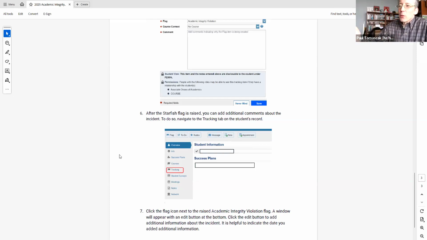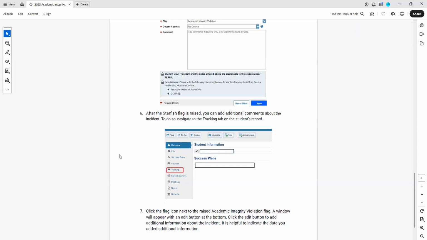Again, the academic flags are things that the students will see. So part of this is whether you're trying to send the student a message versus whether you're trying to just do accounting or reporting of the incident.